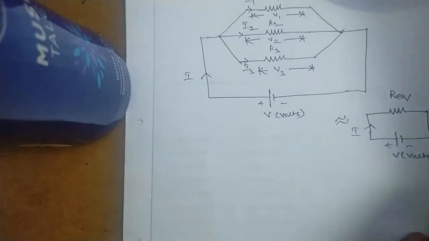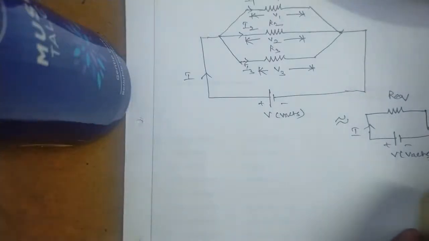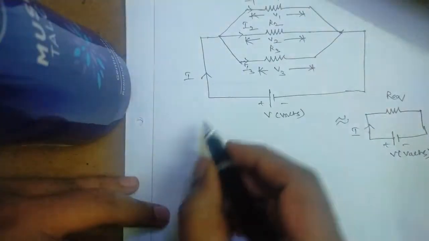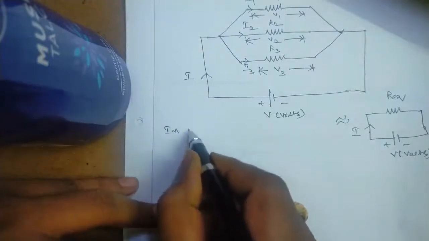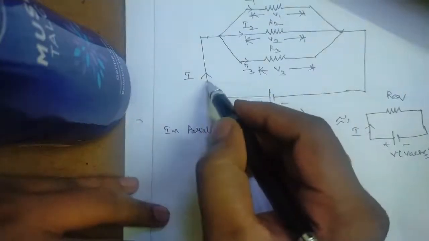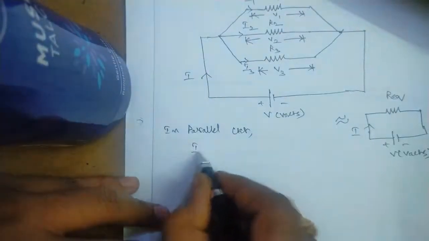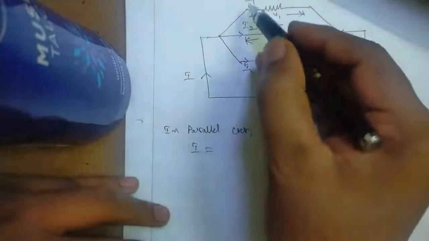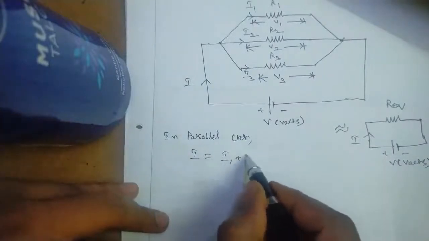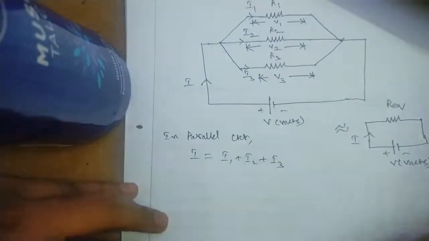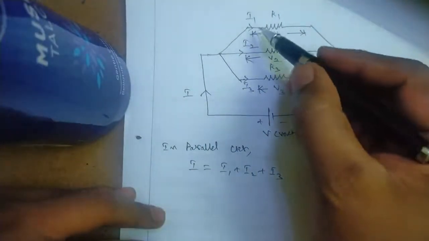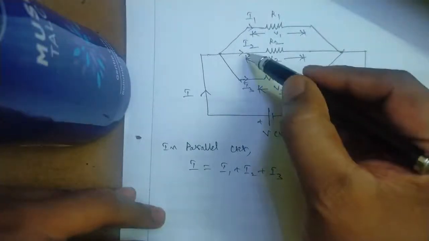Next, in a parallel circuit, the total current in the circuit, that is I, is equal to the sum of the individual currents passing through the elements, that is I1 plus I2 plus I3.